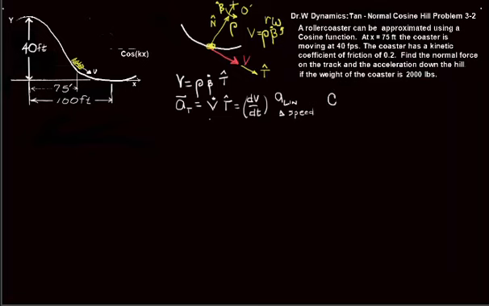Now we'd also have a normal component, which could be written many ways. We could write it as rho beta dot squared, or v squared over rho, or v beta dot.